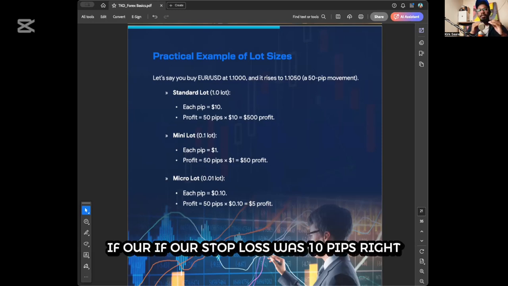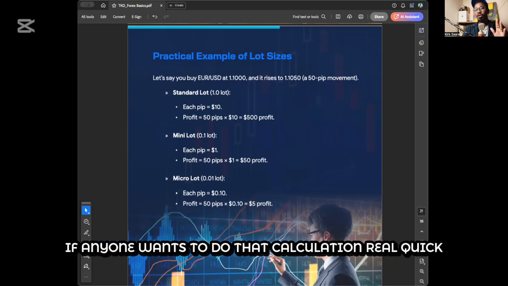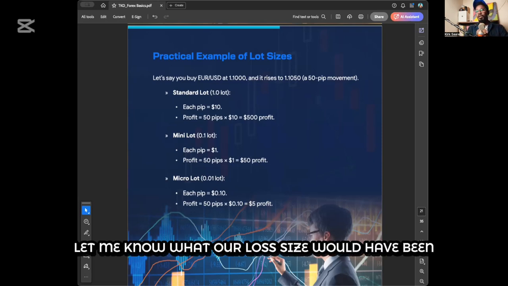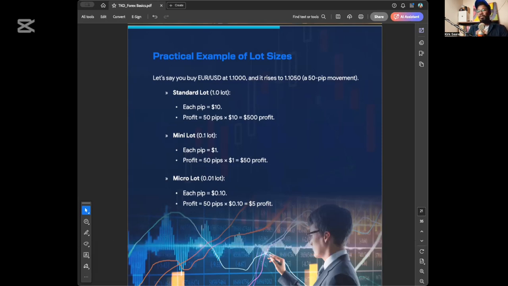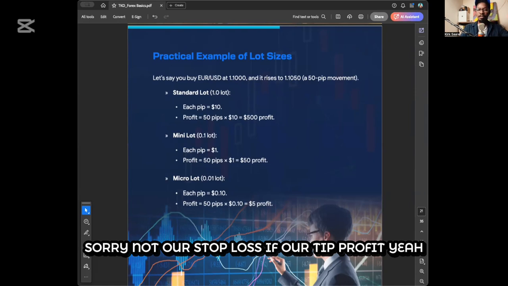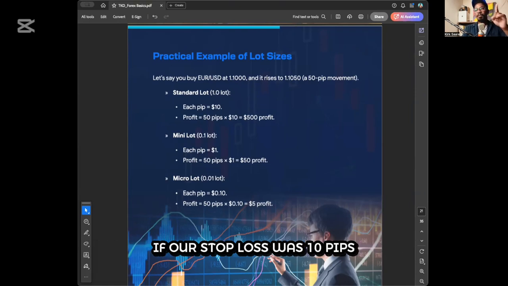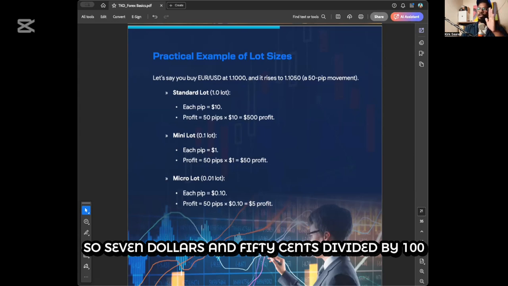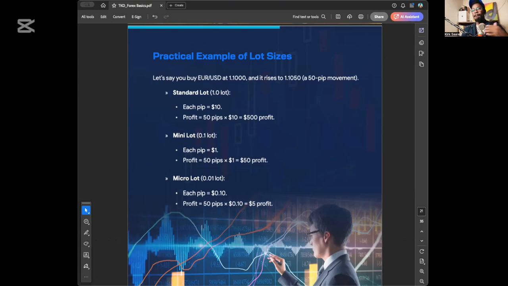If our stop loss was 10 pips, if anyone wants to do that calculation real quick, let me know what the lot size would have been that we could use. $7.50 divided by 10 pips, which is 100. So $7.50 divided by 100.